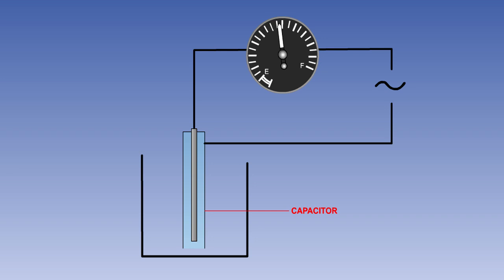Measuring the weight or mass of the fuel is done by having variable capacitors in the fuel tanks. The capacitive method works by supplying the two plates of a capacitor with alternating current.